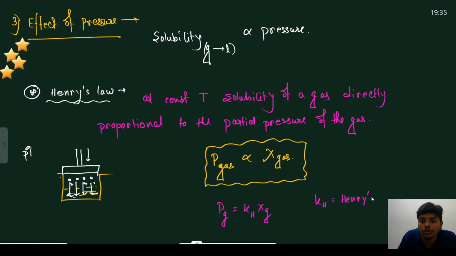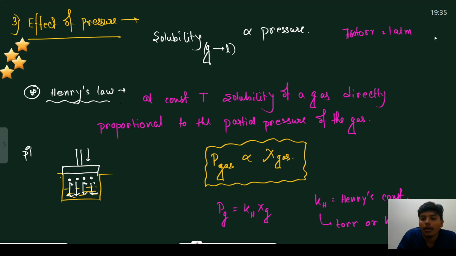Henry's constant. What is the unit of Kh? Always remember, Kh unit is generally written in torr or kilobar. 760 torr means 1 atmosphere.